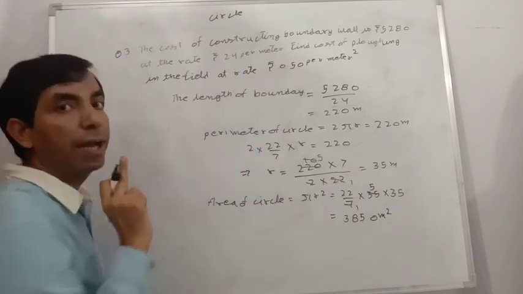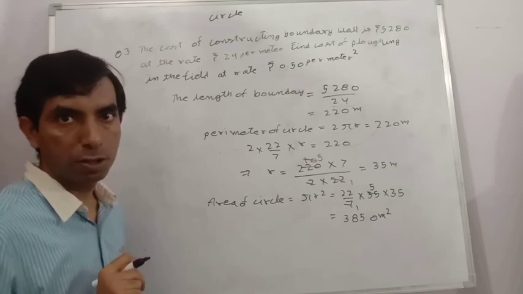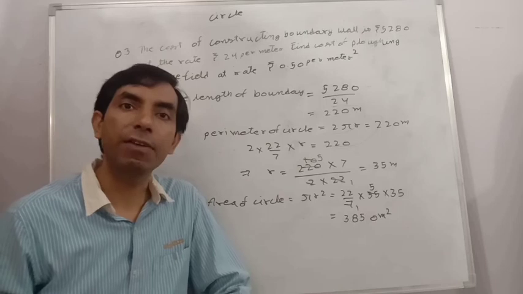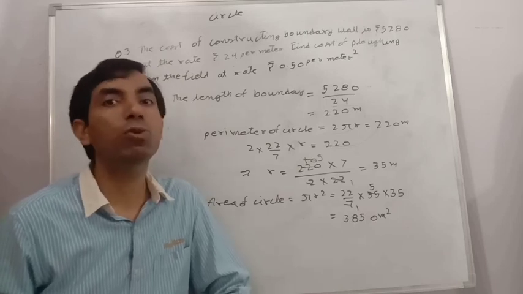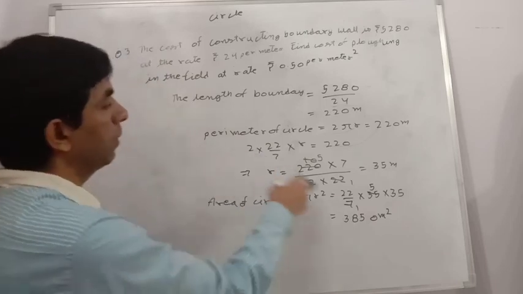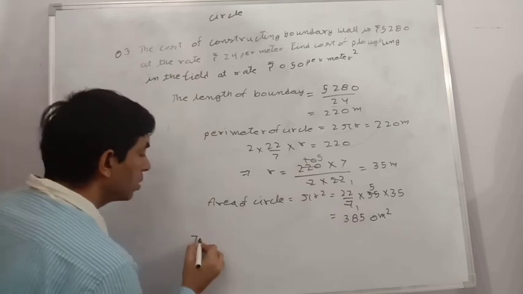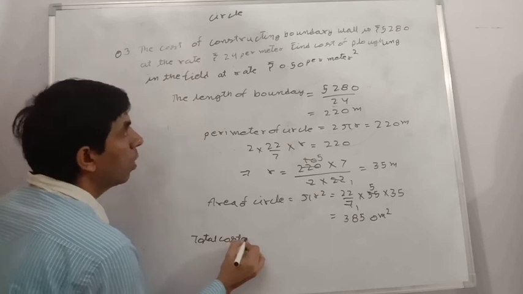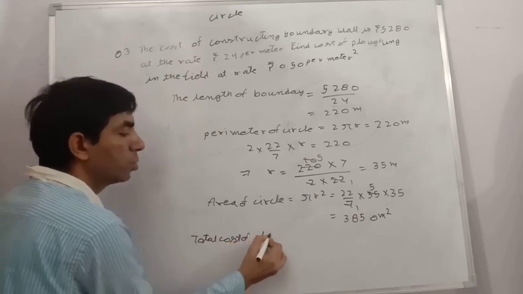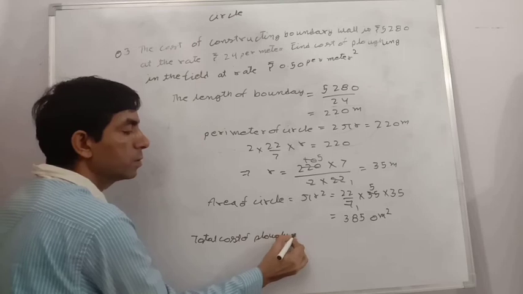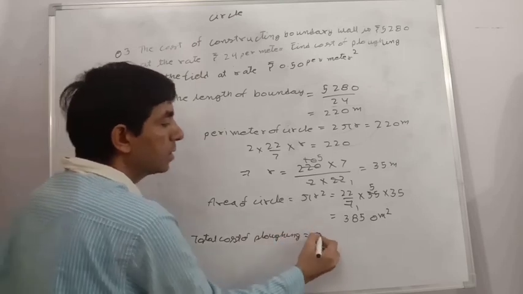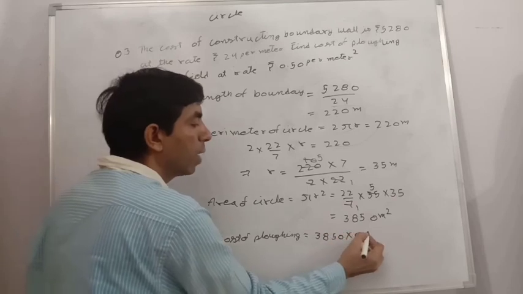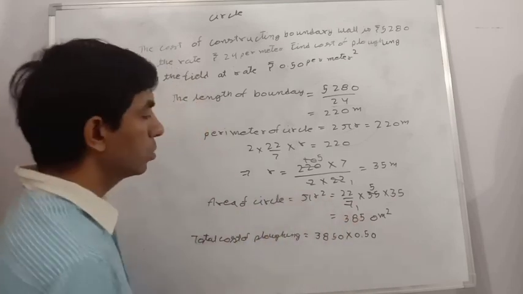Now we are given the rate and asked for the total cost. I have already said that if we are given each one and the rate and want to find the total, then we multiply. So multiply by the area. Then the cost of plugging is 3850 multiplied by 0.50.